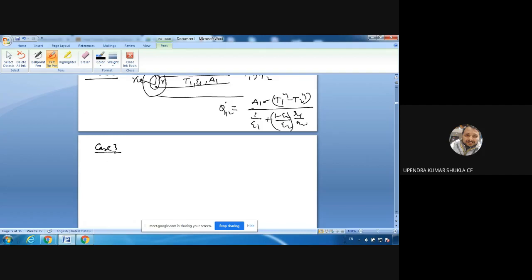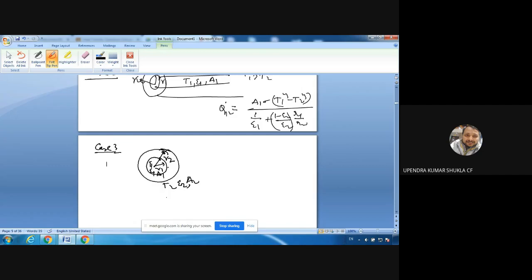In a very similar way we are taking them in radiation. In case 3, you have two spheres. One sphere of radius r1 is enclosed under another sphere of radius r2. The inner sphere has surface temperature T1, emissivity epsilon 1, and surface area A1, and the outer sphere has temperature T2, emissivity epsilon 2, and surface area A2.